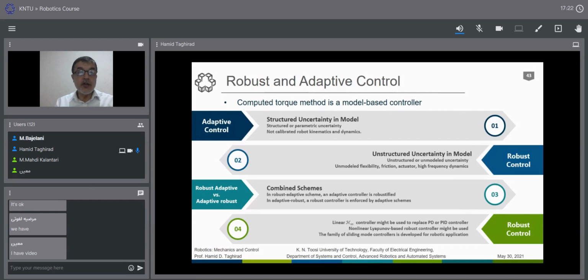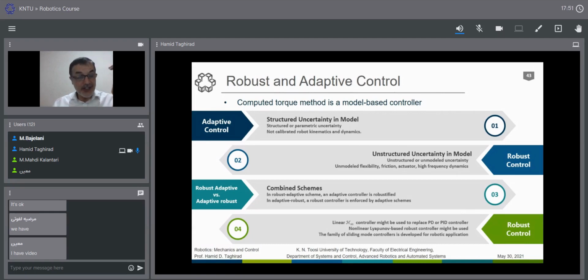The uncertainty or the model error is in a structured form. Structured form means that we know the model, but we don't know the parameters. It could also be called parametric uncertainty.